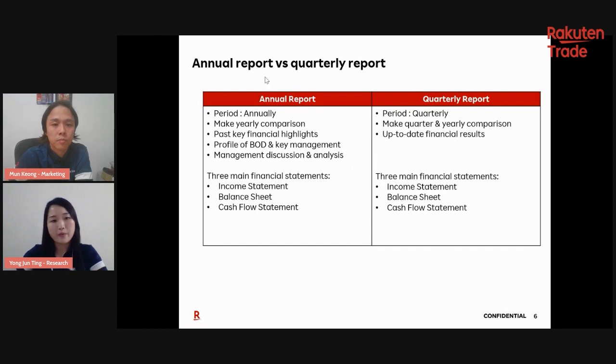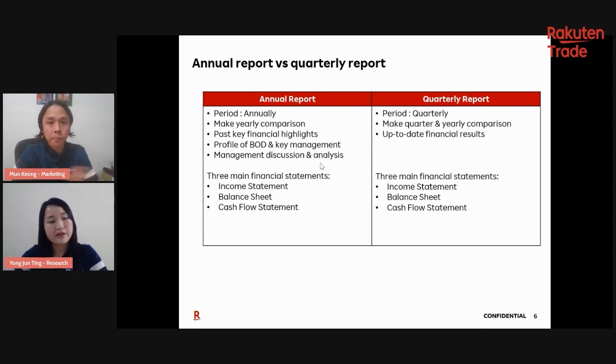In the annual report, you can see past key financial highlights, the profile of management and the board of directors, where they come from, which areas they specialize in, and also the management discussion and analysis, where the management shares the prospects and outlook of the company.